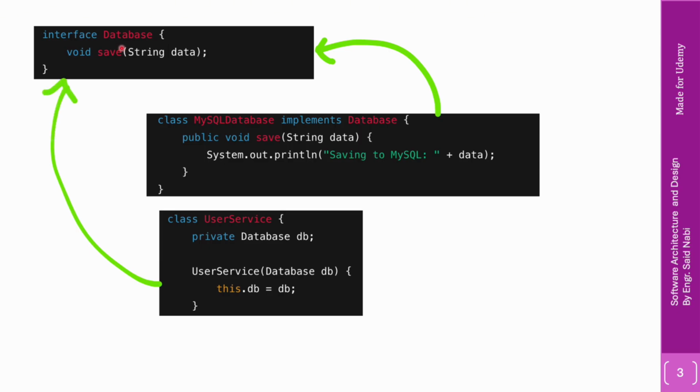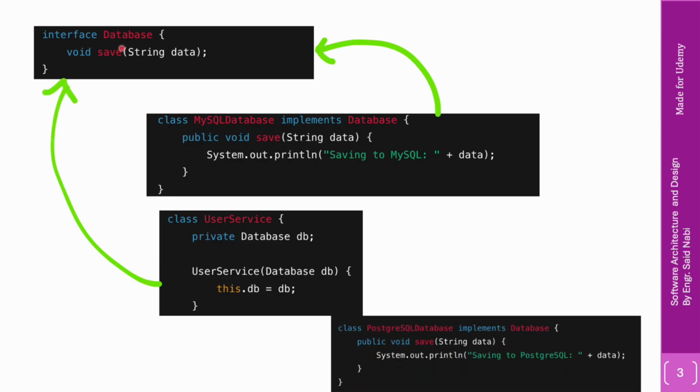This interface can be implemented by other classes as well. If I add another implementation for the same interface, you can see the Postgres SQL database can also implement this interface, right? So I can implement this interface by any type of database. If the low level module changes, it won't affect the high level module.